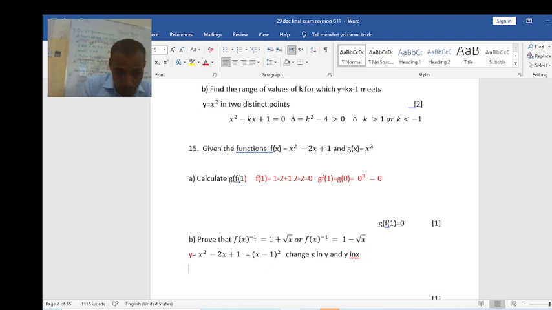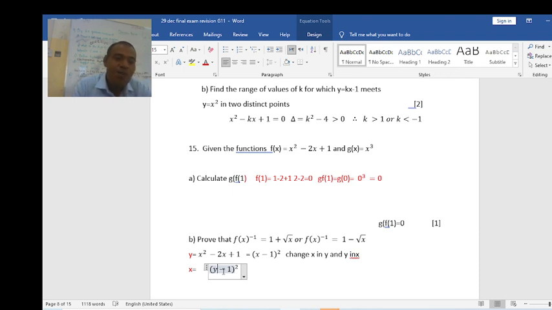I will write this again. So y becomes x, and then this one is y. Now (y minus 1) squared equals x.